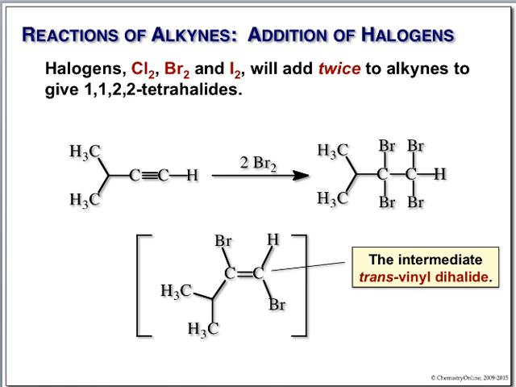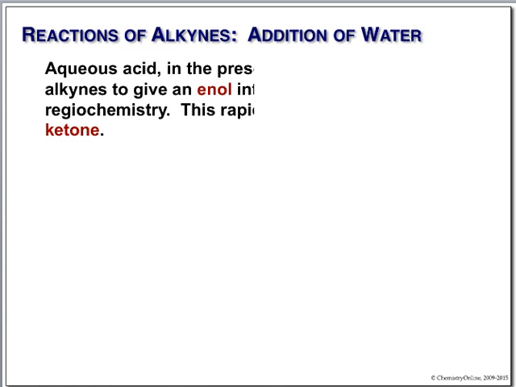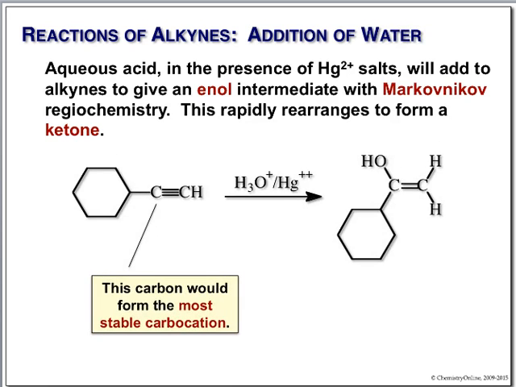All right, let's go ahead and do hydration. If we have an alkene and we use acid and mercury 2 acetate, we would form a Markovnikov alcohol. Well, we're going to do exactly the same thing here. We look at the 2 carbons, decide which one of these is going to give the most stable carbocation.